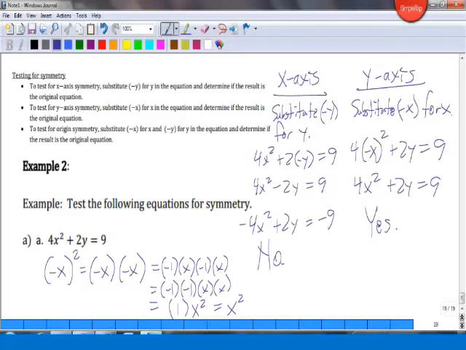So if it has y-axis symmetry but does not have x-axis symmetry, it's not going to have origin symmetry either. So I'm going to go ahead and conclude y-axis symmetry only. Not x-axis, not origin, just y-axis symmetry here. Okay?